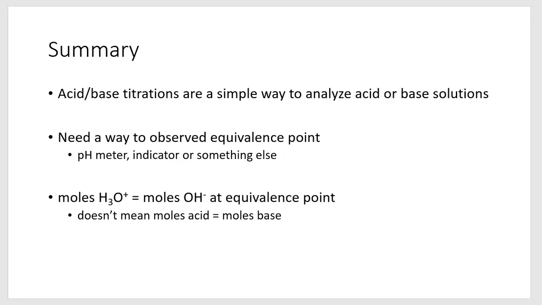In our experiment, that did mean that the moles of acid and the moles of base were equal, because the sodium hydroxide only provides one hydroxide, OH-, and the acetic acid and the HCl are monoprotic. They only provide one H+, and so everything reacts 1 to 1. All right, good luck.